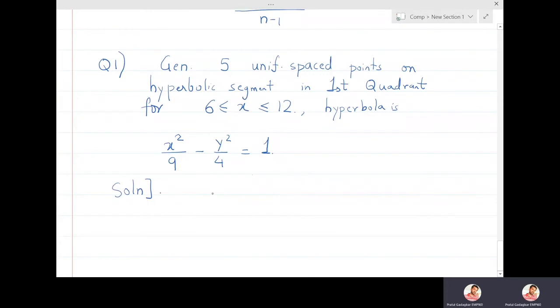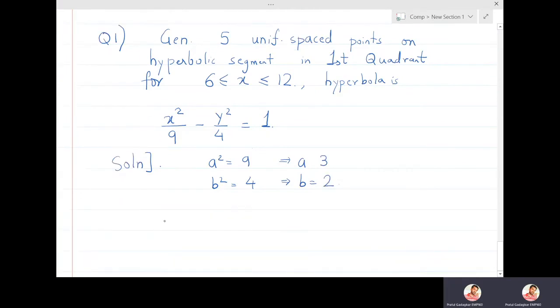Here a square is 9 and b square is 4, so a is 3 and b is 2. What are x min and x max given to us in the problem? We know that x is given to be between 6 and 12. So x min is 6 and x max is 12.